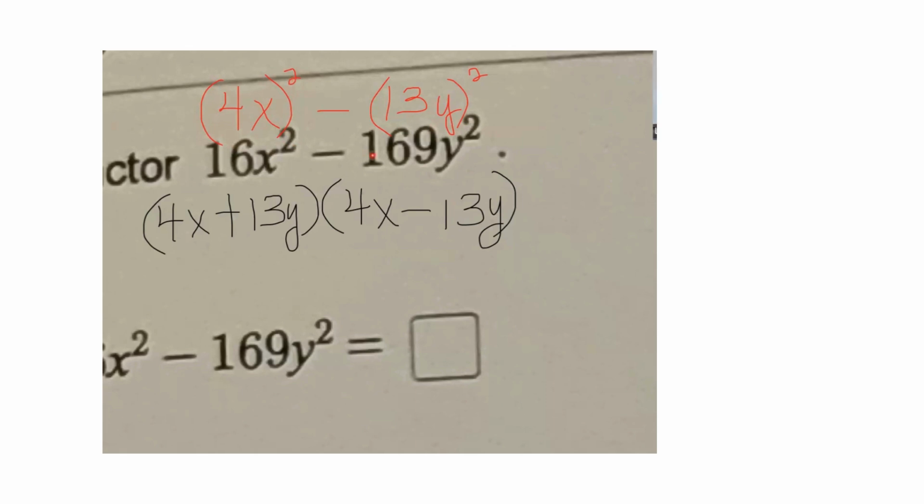And then same thing here, square root of 169 is 13, square root of y squared is y. So the square root of the whole thing is 13y. So now that's what we're doing. Like what I'm doing here is kind of like this squared minus this squared. So whatever's in parentheses here has to go first in both of them. Whatever's in parentheses here has to go last in both of them.